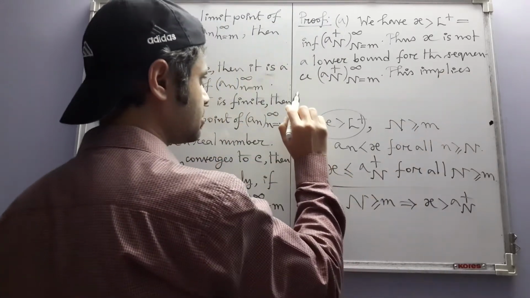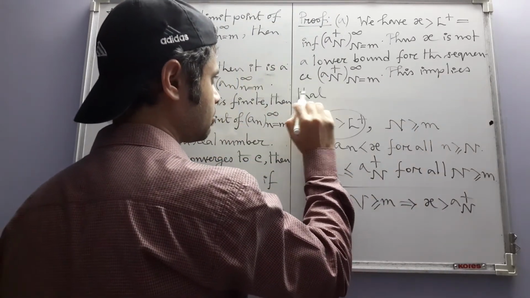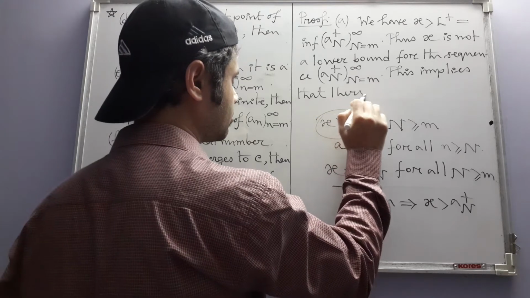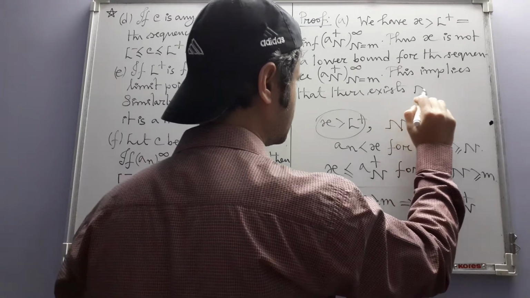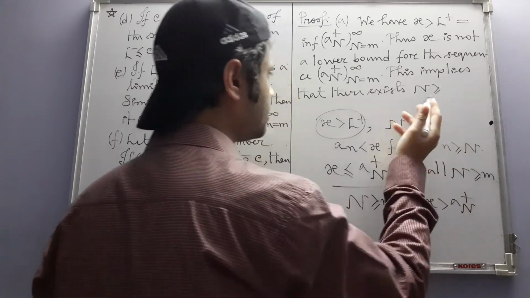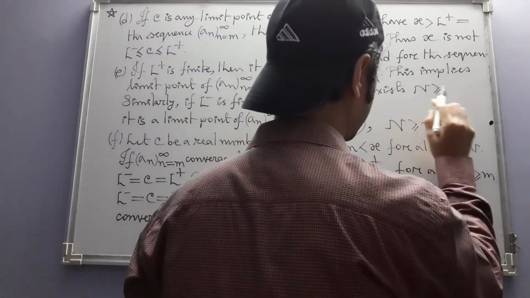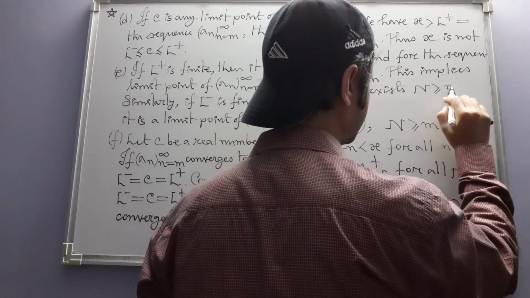This implies that there exists an integer N. It is understood N is an integer; we don't have to write those things explicitly.